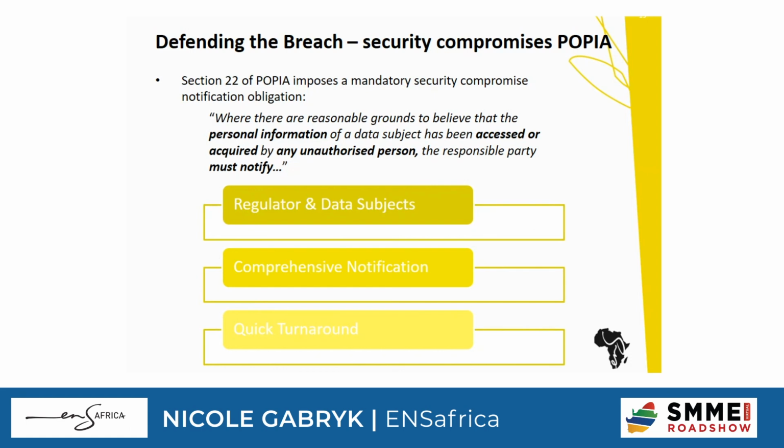Now, very importantly, a security compromise triggers a mandatory notification obligation. Twofold. One, the information regulator must be notified as soon as reasonably possible of the security compromise. And the affected data subjects also have to be notified.